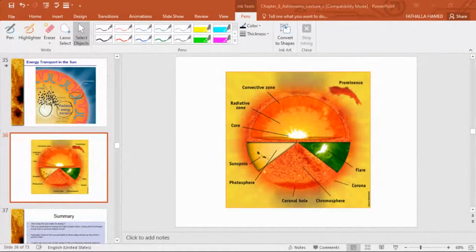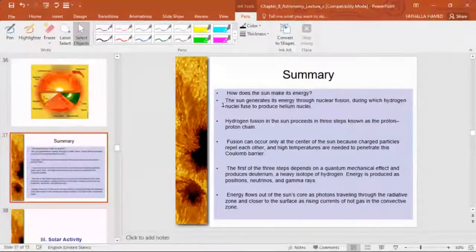So to summarize this part here, how does the sun make its energy? The sun generates its energy through nuclear fusion, during which hydrogen nuclei fuse to produce helium nuclei.